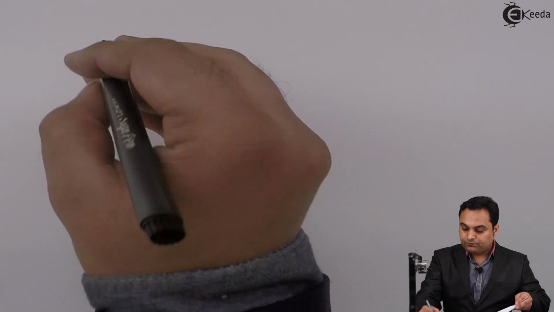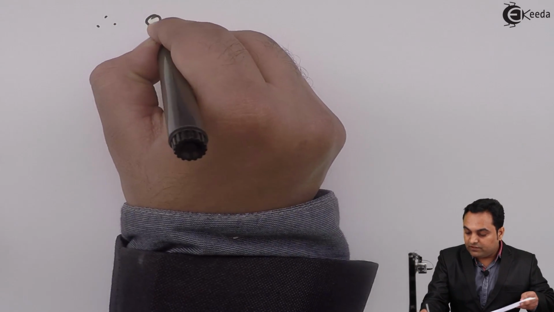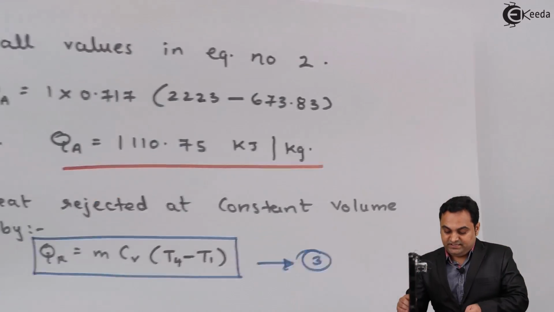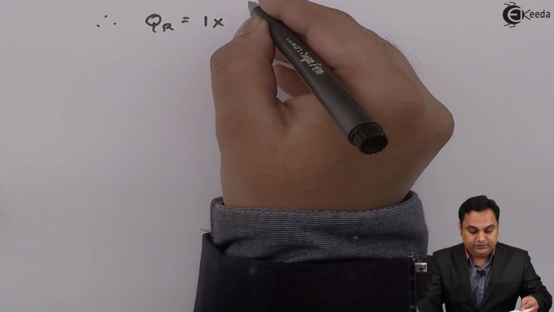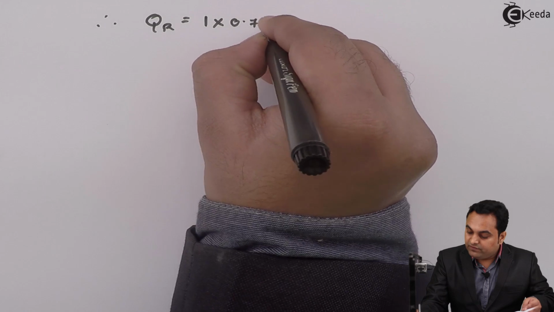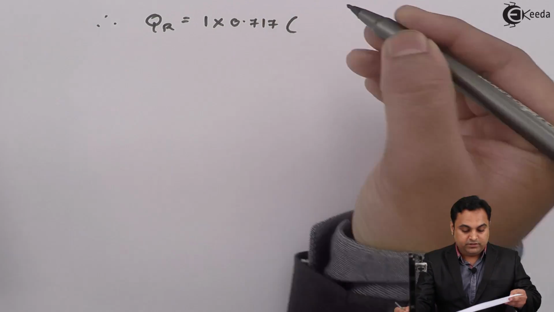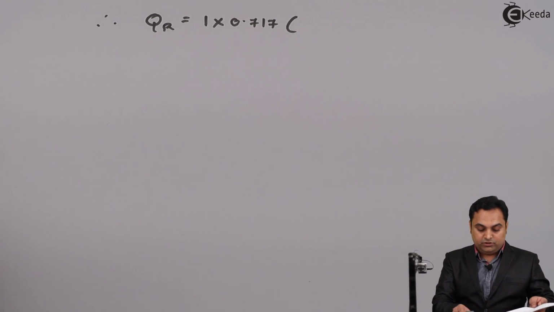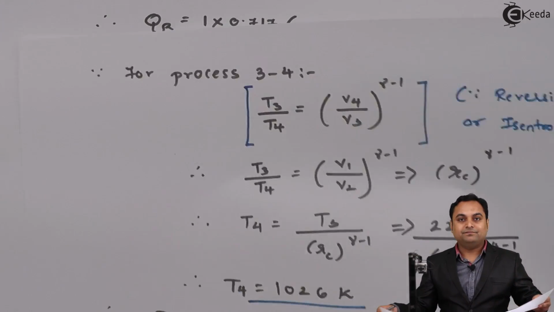Therefore Q suffix R will be equal to M is 1 kg, CV is 0.717 kilojoule per kg Kelvin. Next, T4 value we have found out, it is 1026 Kelvin.